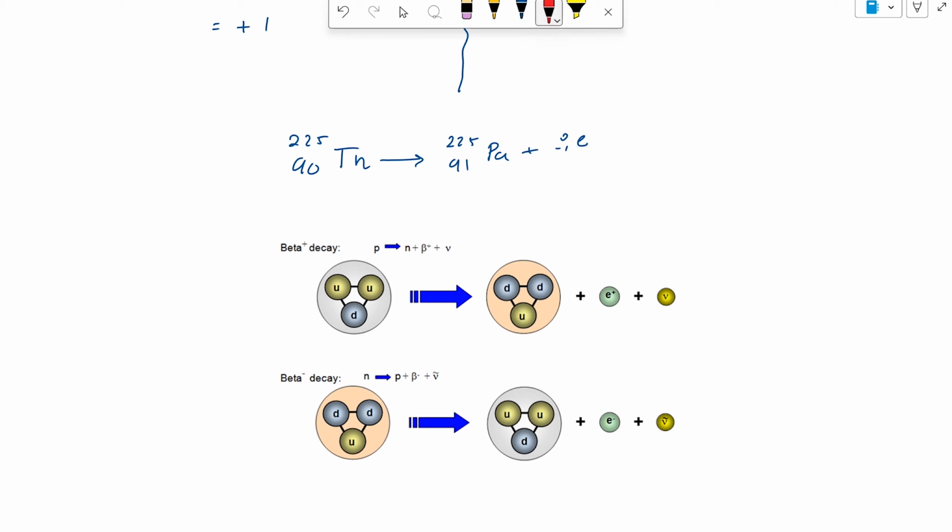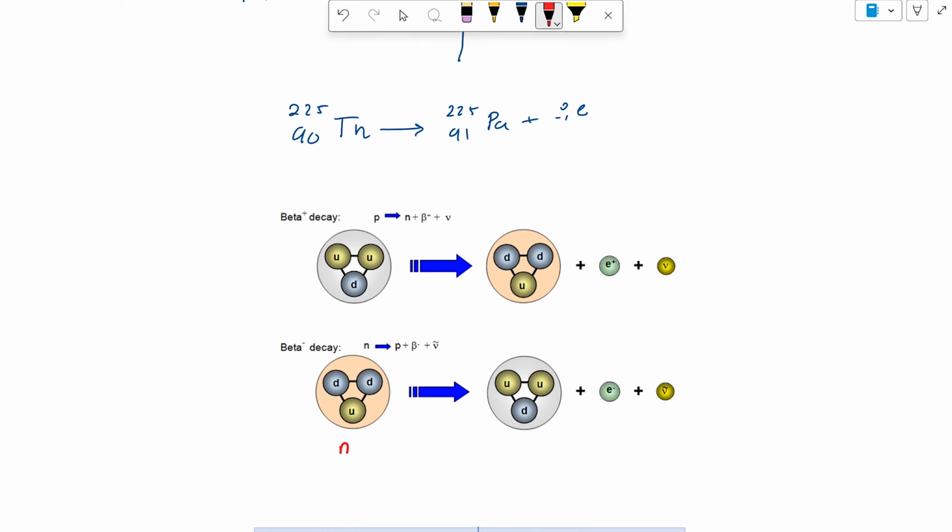So in this example, we can see that protactinium acquired a proton which seemingly appeared from nowhere. Where did this proton come from? Well, this is what we're going to be studying here. So a neutron in thorium changed into a proton in protactinium. This is why we somehow acquired a proton over here.